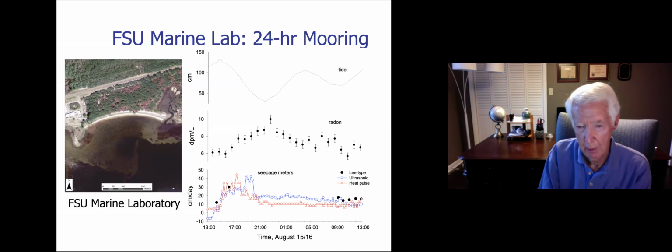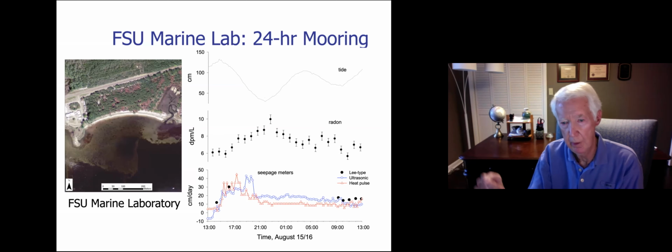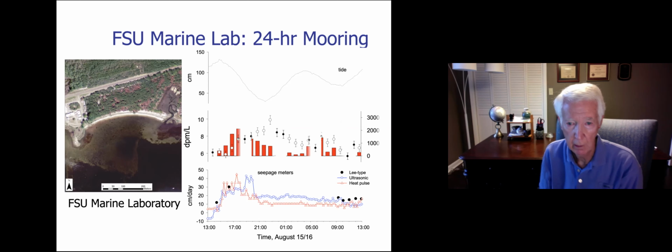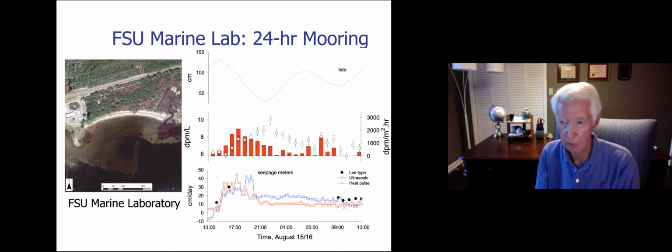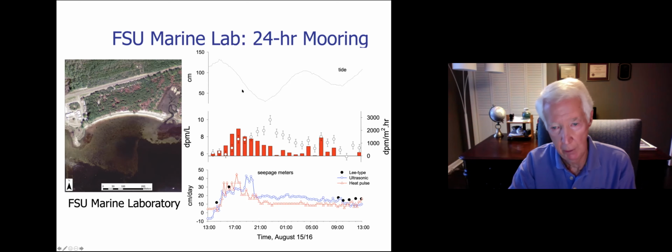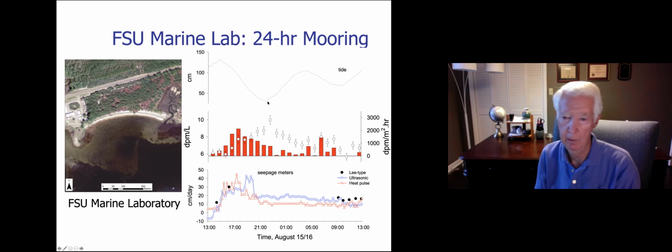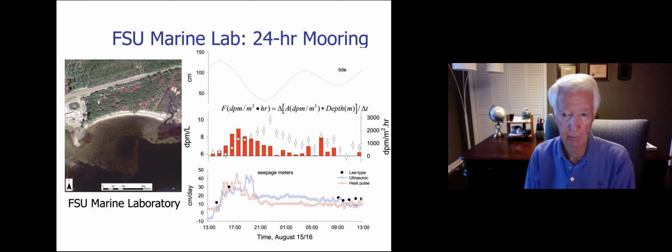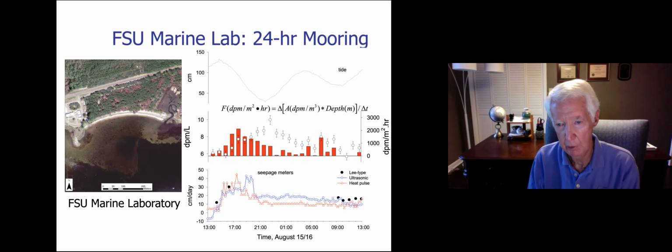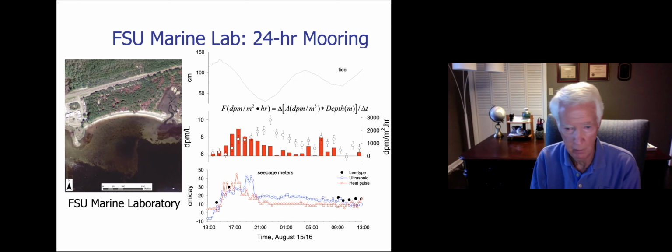So the flux, again, is the change in the radon inventory over time. When you do that, the radon flux does agree with the seepage meters, and it looks like the highest seepage is on the downgoing tide, from the highest high tide to the lowest low tide. And so they do agree, and there's the same equation we looked at earlier. The flux is simply the change in the inventory over time, uncorrected in this case for mixing and atmospheric evasion. But it still gives you a pretty good handle on what's going on.